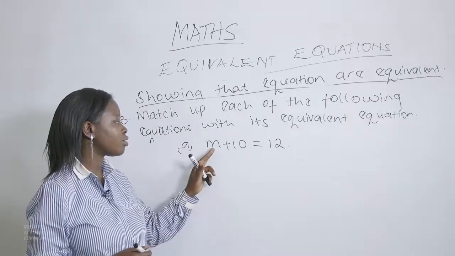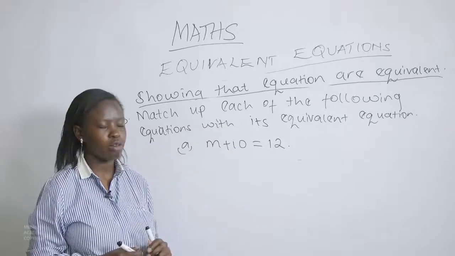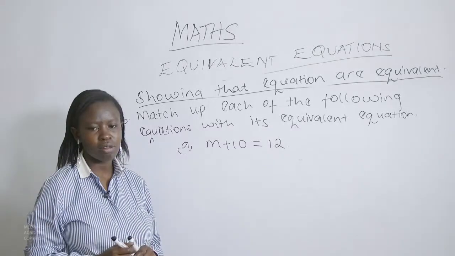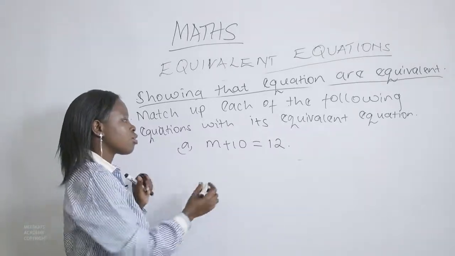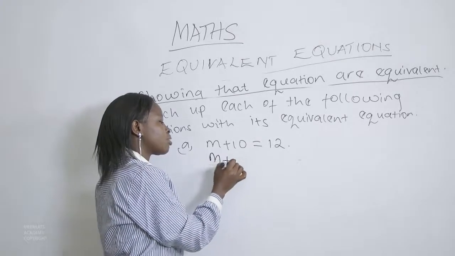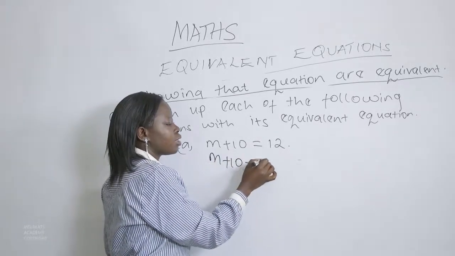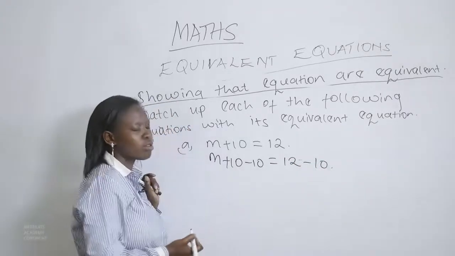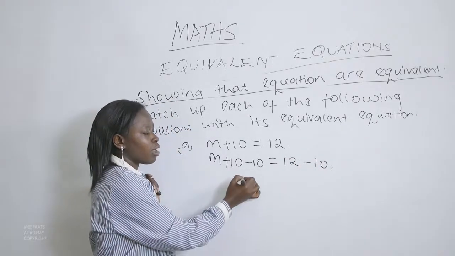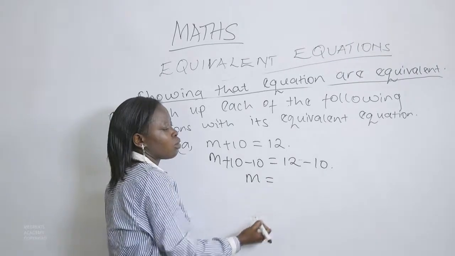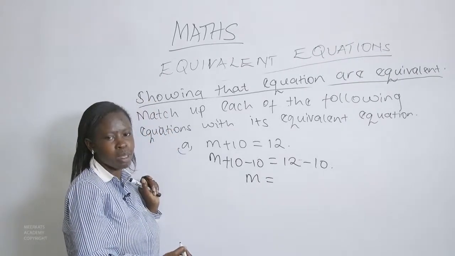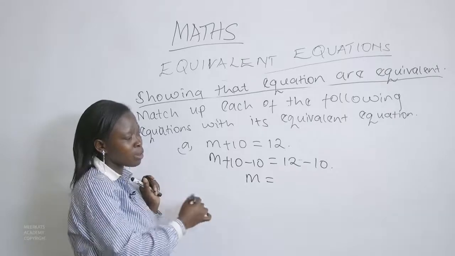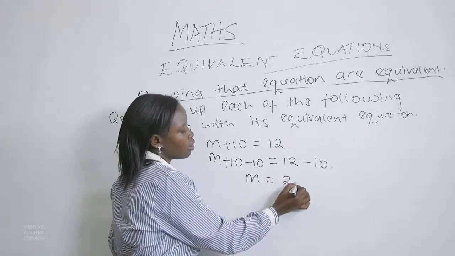We discover that we can subtract 10 on both sides, so that I'm having m plus 10 minus 10 is equal to 12 minus 10. So when we subtract 10 on both sides, we obtain m is equal to 12 minus 10, which gives us 2.